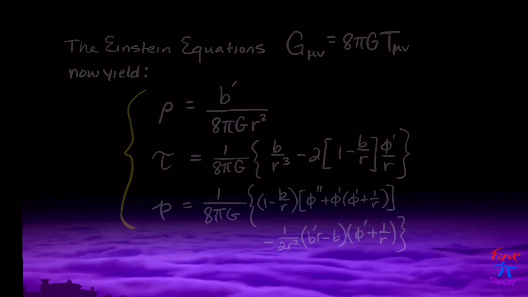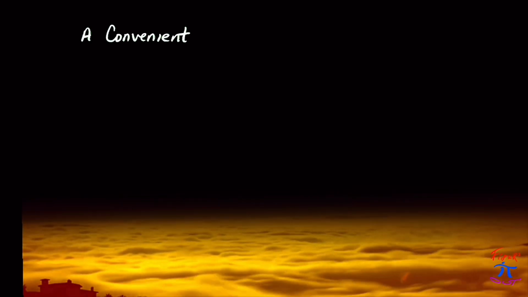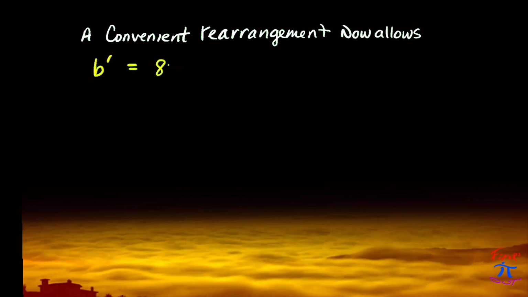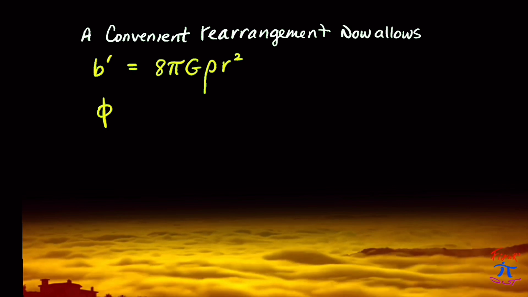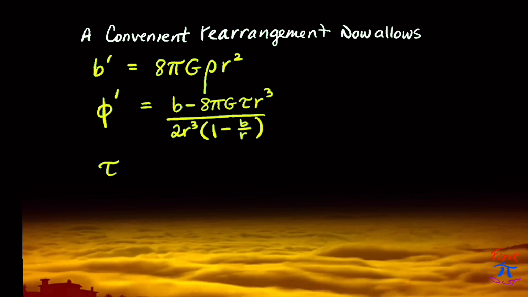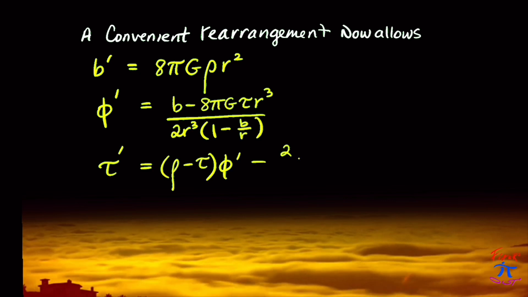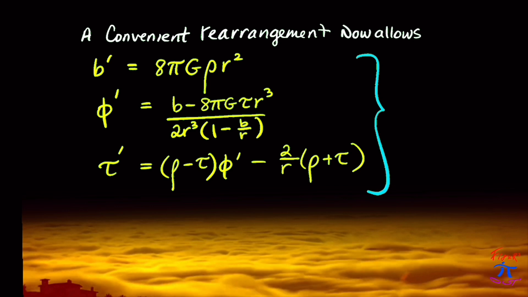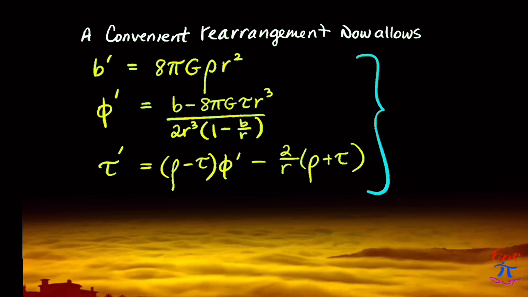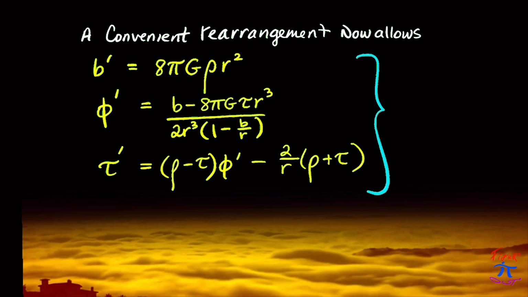So now, what we do is a convenient rearrangement will allow us to rewrite some of these formulae. And we can write the functions b prime, phi prime, and tau prime in terms of these coordinates.